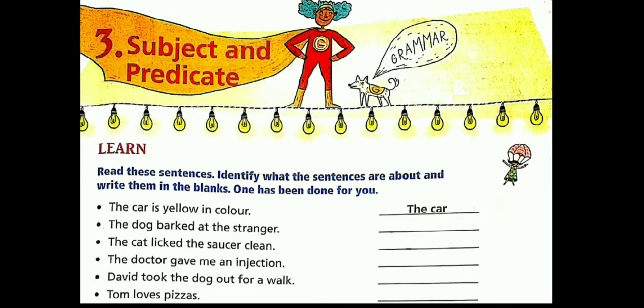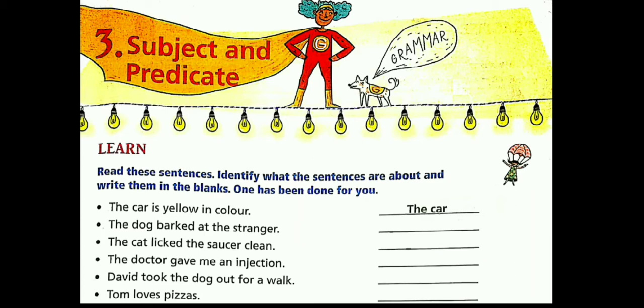Now I want all of you to open page number 7 of your cornerstone, and as you can see we have the topic, subject and predicate. So now let us read out what is given on page number 7. Read these sentences, identify what the sentences are about and write them in the blanks.